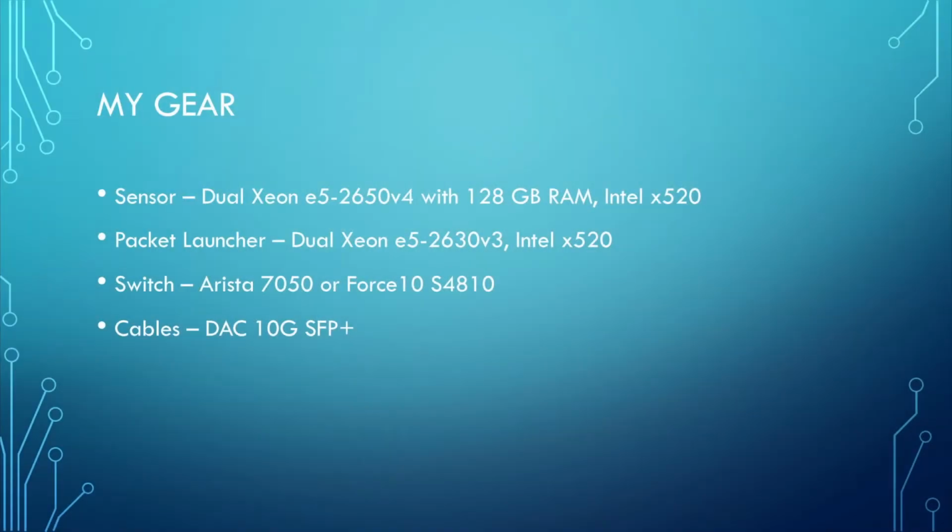For the actual traffic generator, it's this old 730 we had laying around. It has way too much RAM, dual 10-core CPUs, and again, Intel X520 network cards that we had a bunch of still laying around that I could use. And for a switch, I'm now using a borrowed Arista from our data center team that they had spare, because that's a lot nicer to work with.